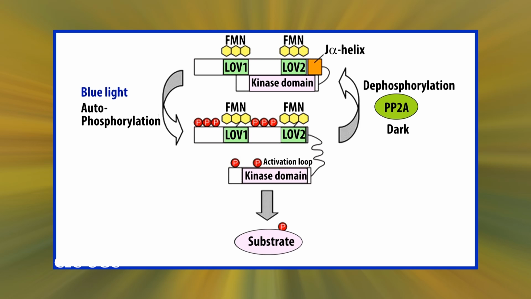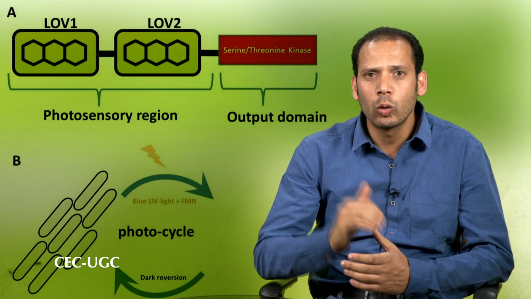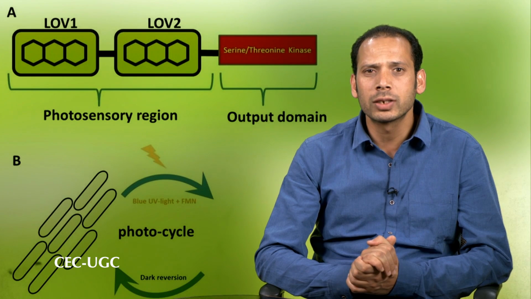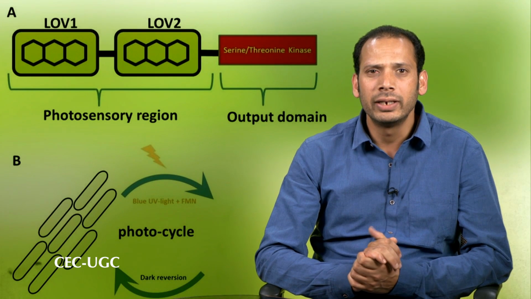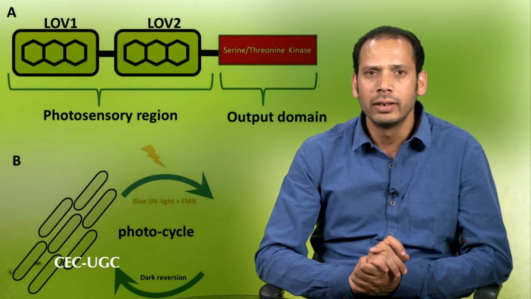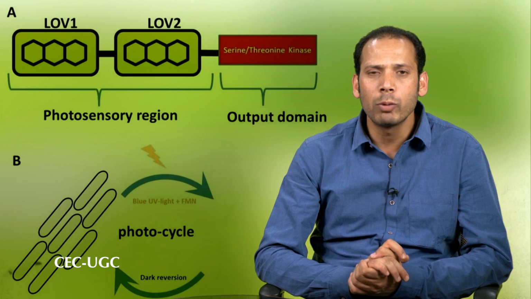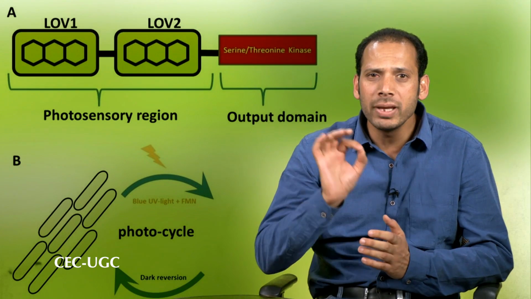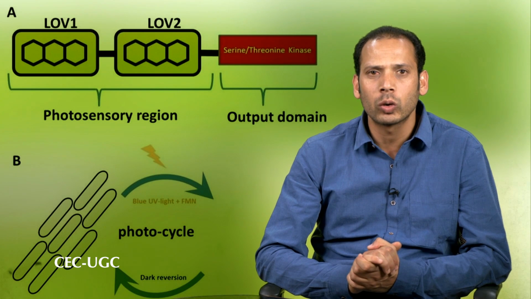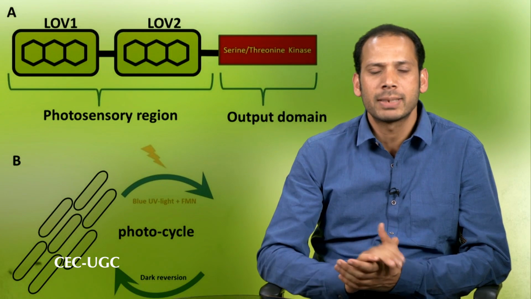Phototropin was first identified as a 120 kilodalton plasma membrane protein that undergoes blue light dependent photophosphorylation. The gene encoding phototropin was cloned from an Arabidopsis mutant designated as NPH1, non-phototropic hypocotyl 1, that is impaired in blue light induced hypocotyl and root curvature responses.